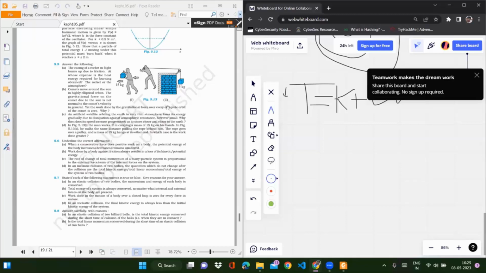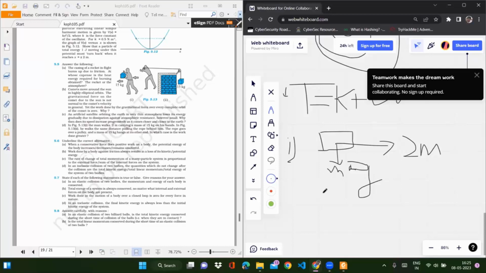In the first case, there are two forces acting on this mass: mg acting downward, and the man holding it, while the displacement occurs in this direction. The displacement is horizontal, 2 meters, but the force acting on the body, the weight mg, is acting downward.